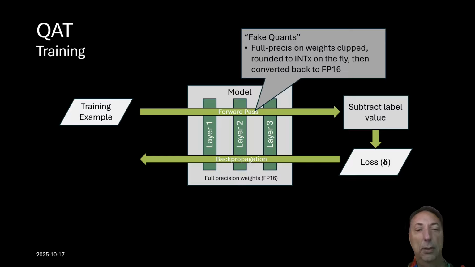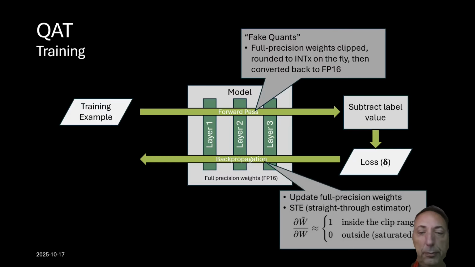It's common practice in this QAT to keep everything stored as full precision and quantize on the fly, and that's called fake quants in the literature. Then the backpropagation is basically the same as before. We just have to be a little careful about our clip range.